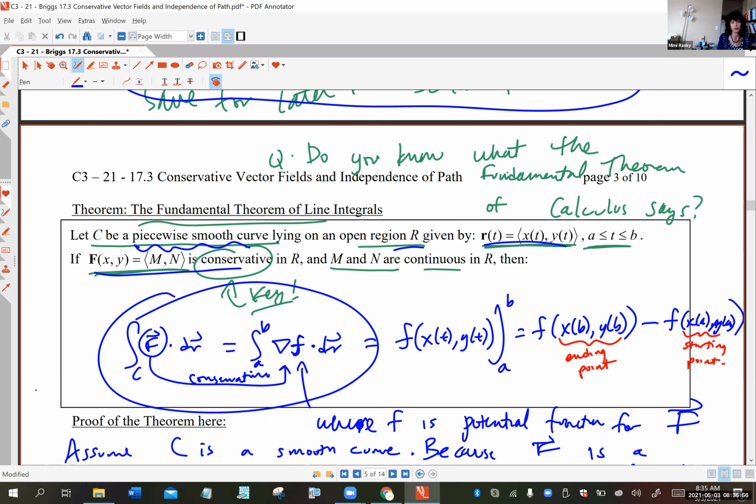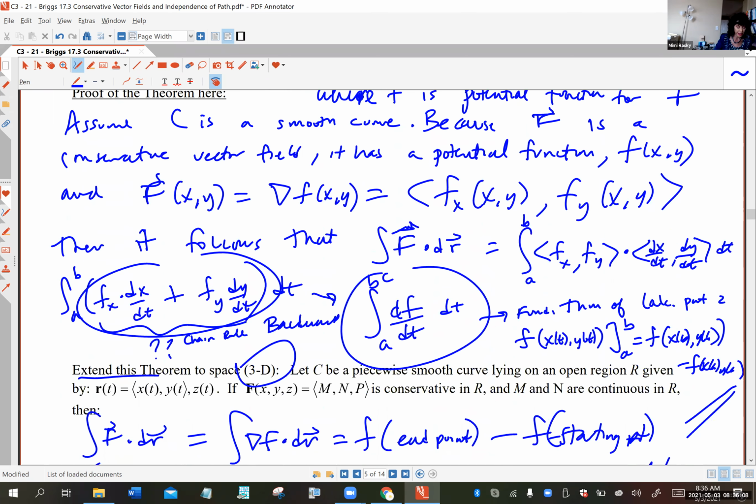Even if they didn't parameterize the curve, you don't even have to parameterize it. You just go get the potential function and evaluate the potential function between the ending point and the starting point. So that's a really nice thing to have.